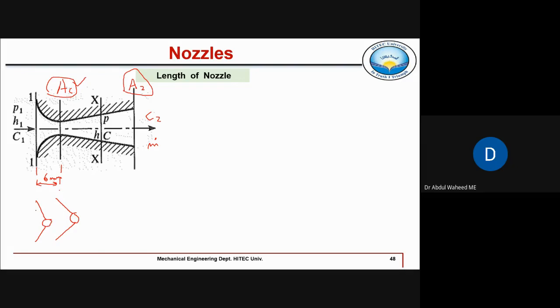Same cross section, but here we are using a very small length, and here a bit longer length to reach the same throat area from inlet to throat. So we should choose a very small length, as small as possible.